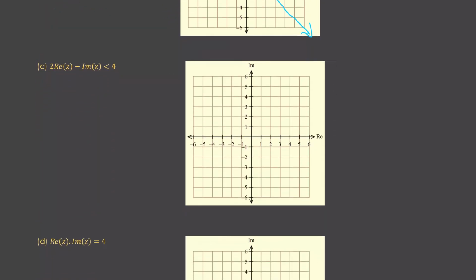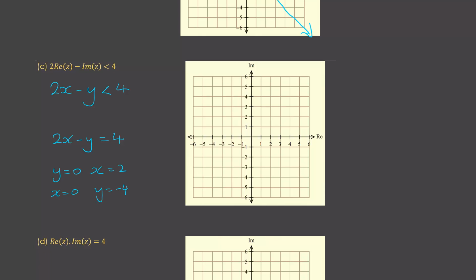Now here we have 2x minus y is less than 4. Now it's important to note that the boundary for this one is 2x minus y is equal to 4. So if we look at y being equal to 0, that would mean that x is equal to 2. If we had x equals 0, y would be equal to -4.